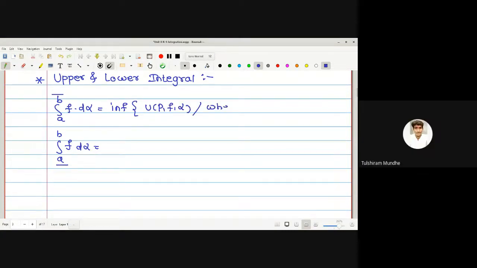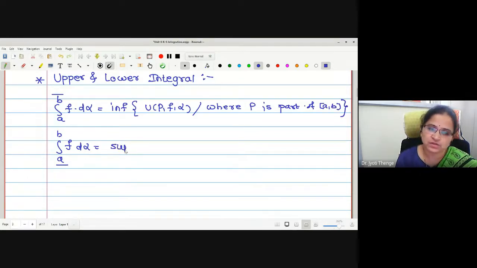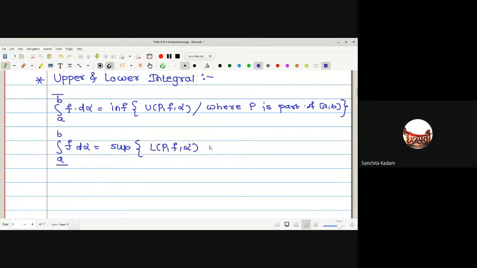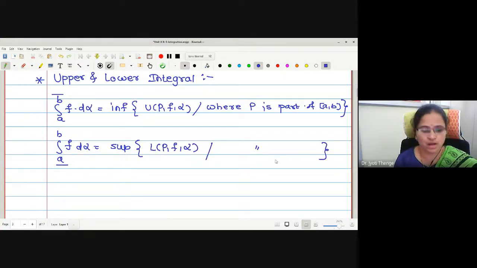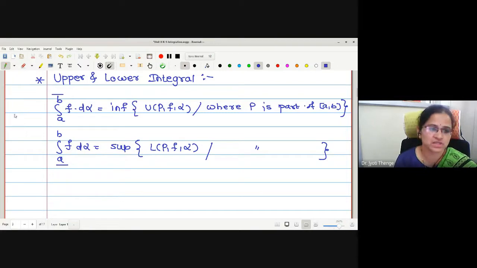And P is the partition, partition of the closed interval A to B, for any partition. And here it is the supremum of the set of all lower sums. Here P is the partition. Okay. These are the two integrals defined. Respectively, this is called the upper integral and this is called the lower integral.